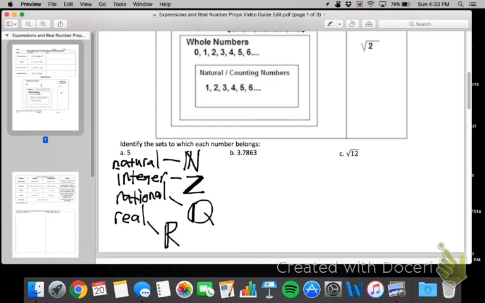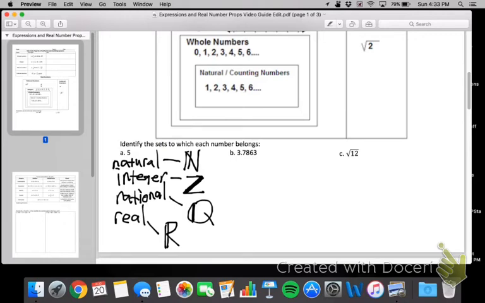So, okay, 3.7863. Again, this one can trip people up, but this 0.7863 is a decimal that just stops right there. So we know that 0.7863 would be out of 10,000.